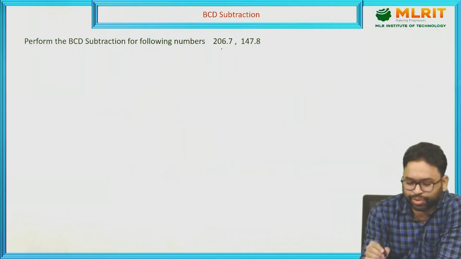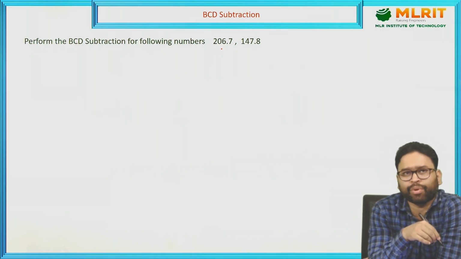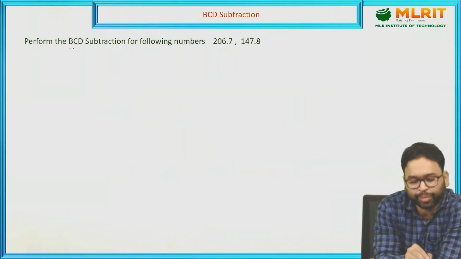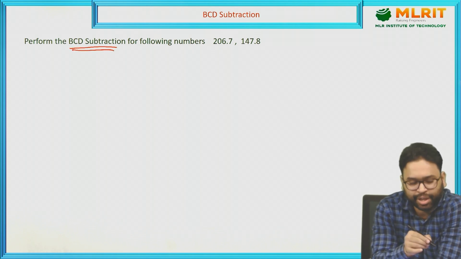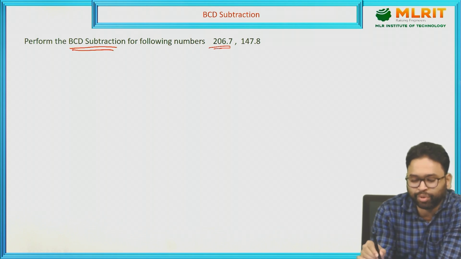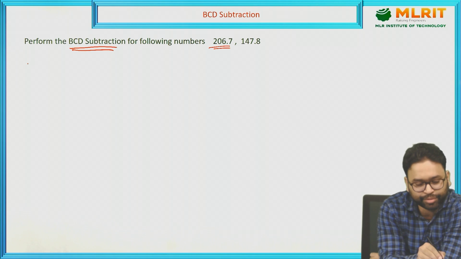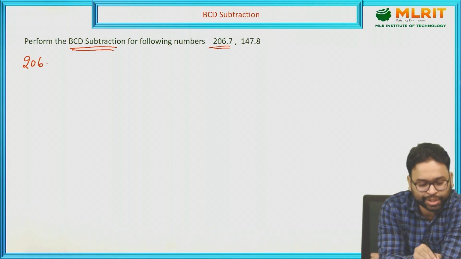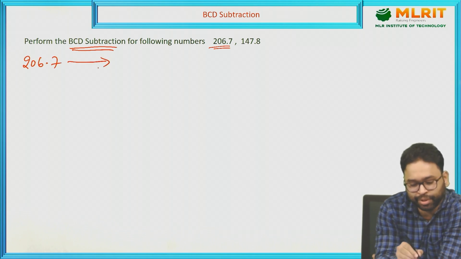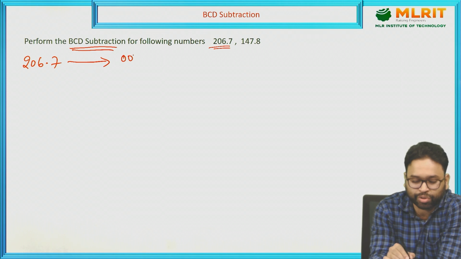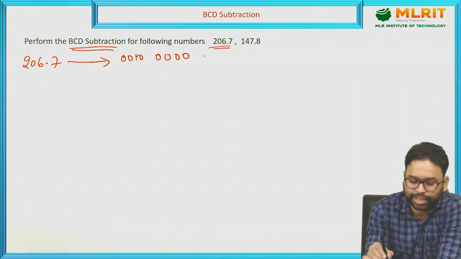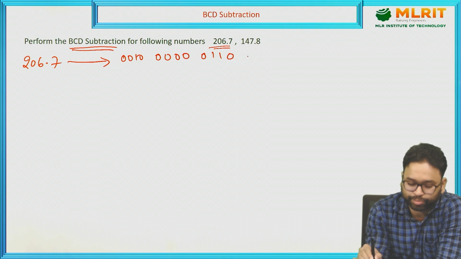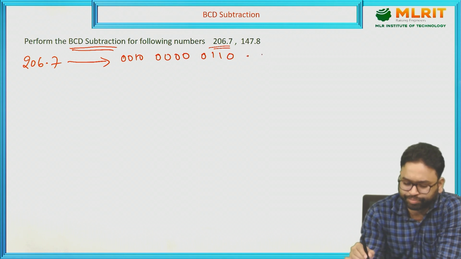Now focus on this one. 206.7 and 147.8. For that, we need to perform the BCD subtraction. Let's represent each and every value in terms of its 4-bit binary equivalent. 206.7: 2 is 0010, 0 is 0000, 6 is 0110, and 7 is 0111.